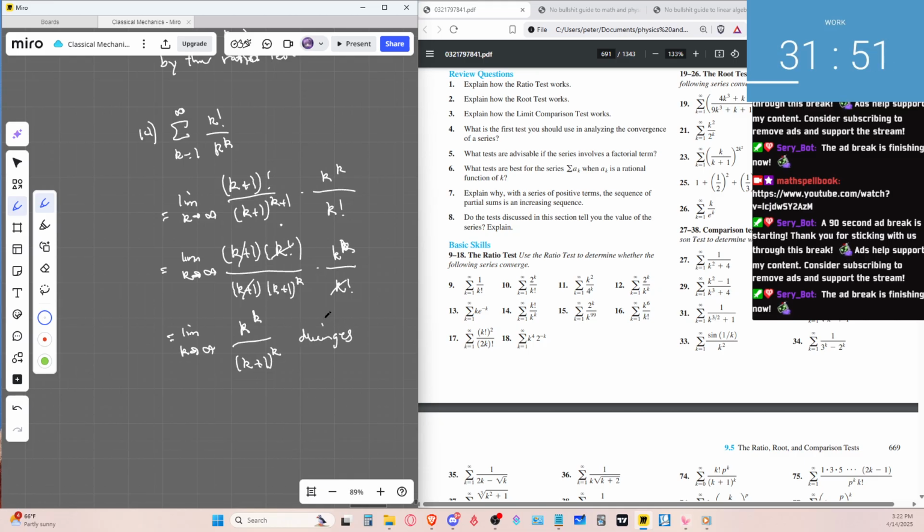I just don't understand why it diverges, because I'm guessing this is quicker than this.